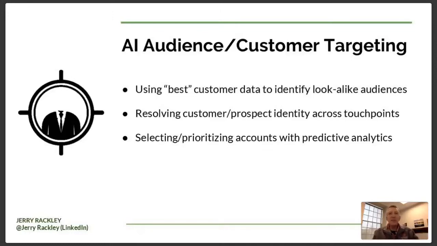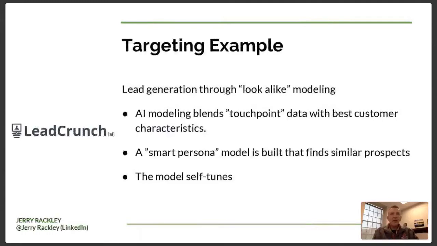And let me give you a real-world example. Here's an example of a real AI capability related to targeting an audience. AI can read the digital body language of prospects as they engage with content, leaving valuable clues for demand gen. So with all this touch point data, AI solutions like the one from LeadCrunch can take a database of best customers as input and build what they call smart personas.